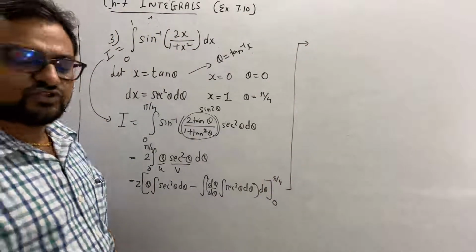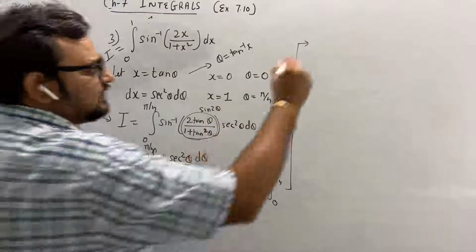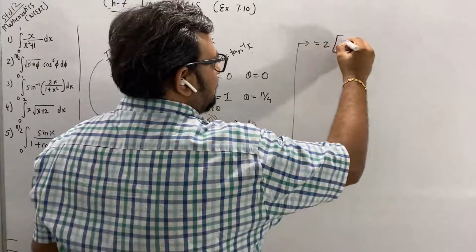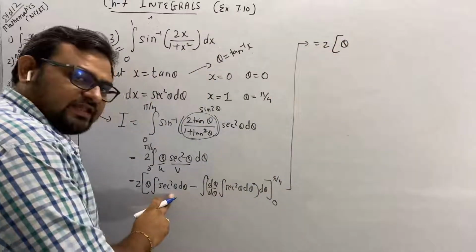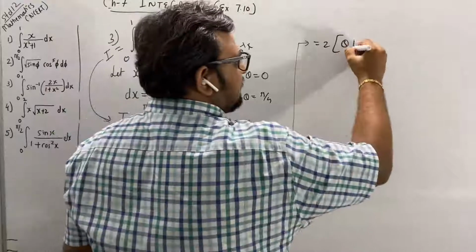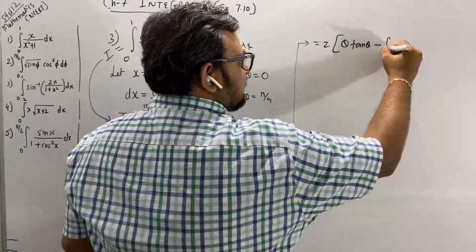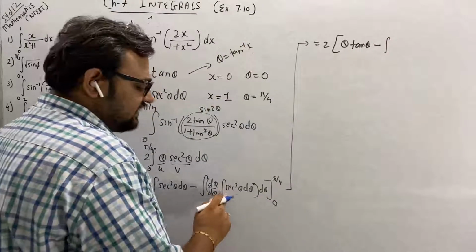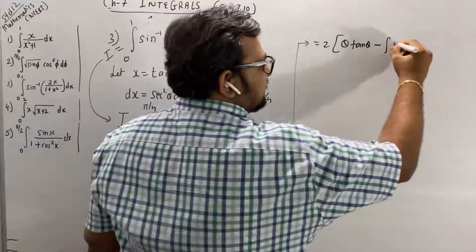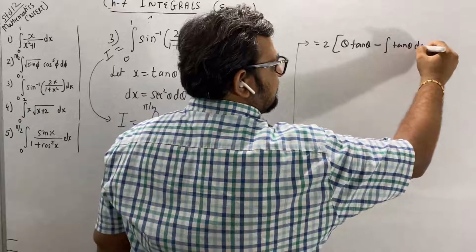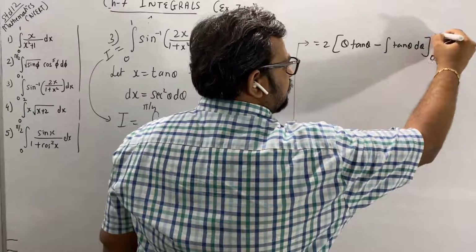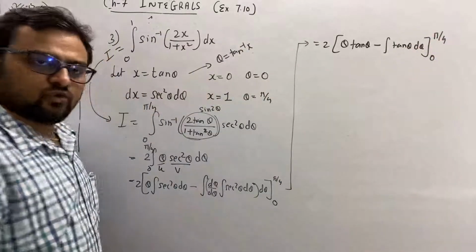So when I solve here, I will get theta as it is, integration of sec square theta is tan theta, minus d theta by d theta which is 1, and integration of tan theta, 0 to pi by 4. Clear?